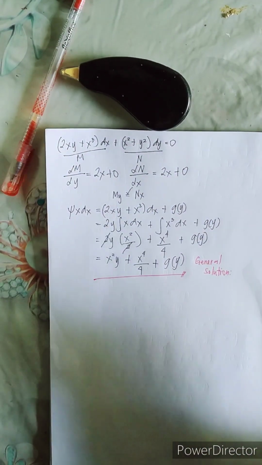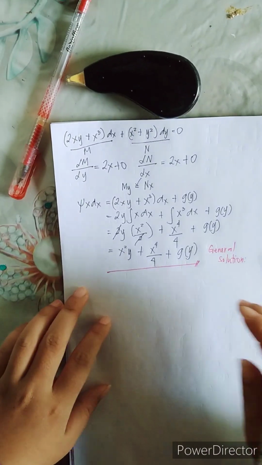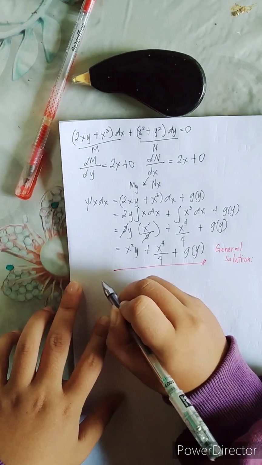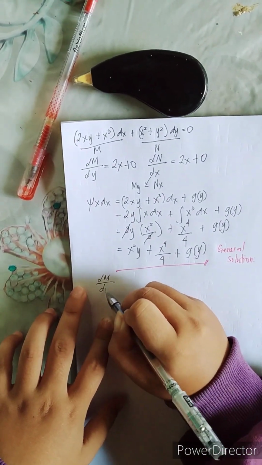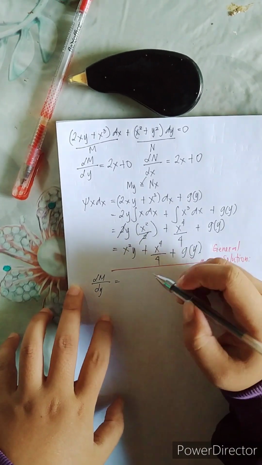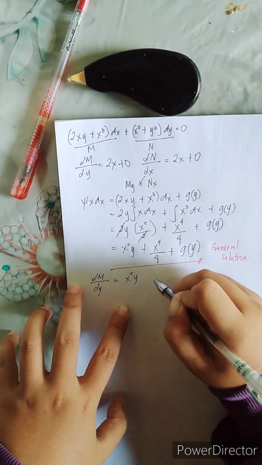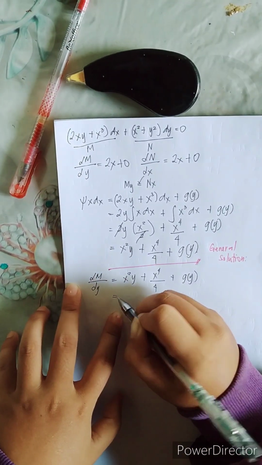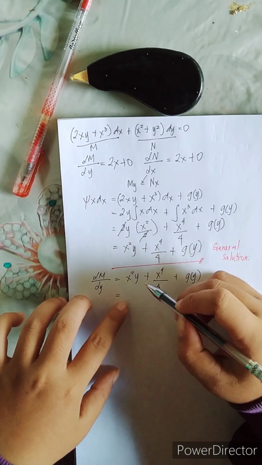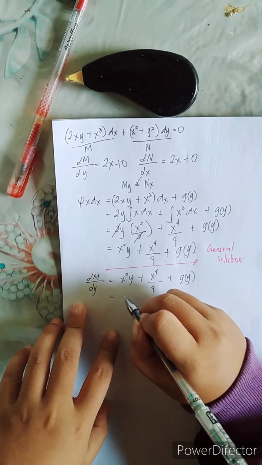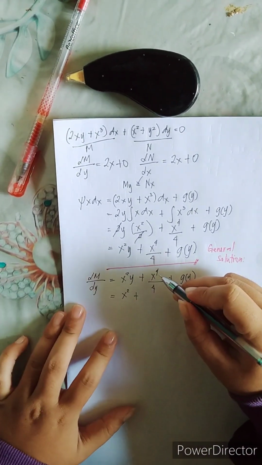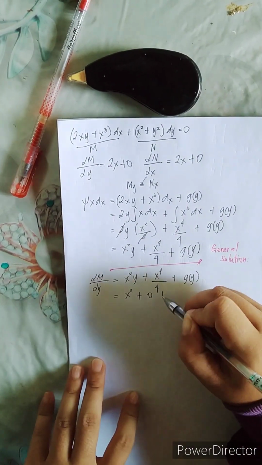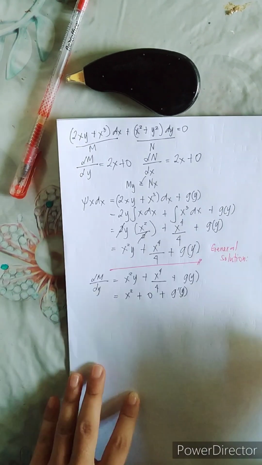The next step will be to get the partial derivative of our general solution to get the value of g of y. The partial derivative of the general solution in terms of y, which is x squared y plus x fourth over 4 plus g of y: the partial derivative of x squared y in terms of y will be x squared, plus the partial derivative of x fourth over 4 in terms of y is 0, plus g prime of y.